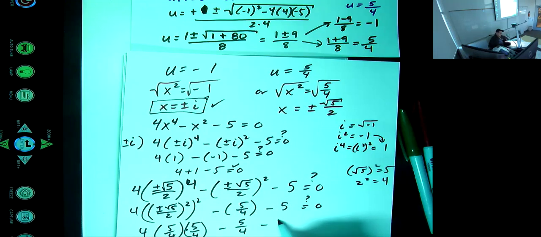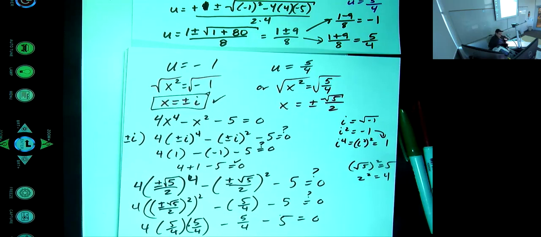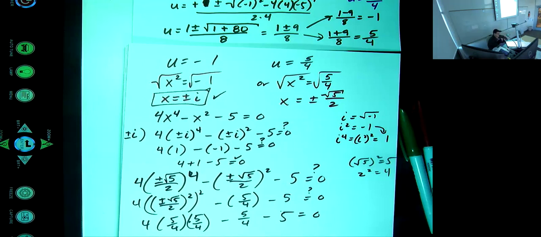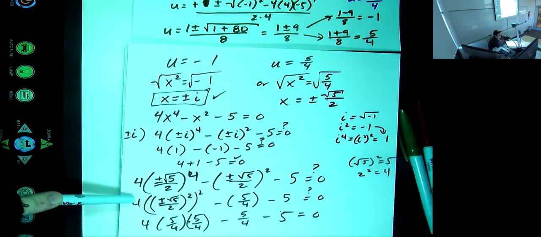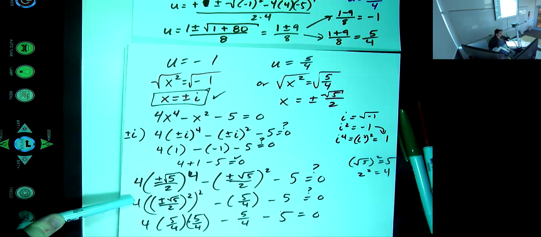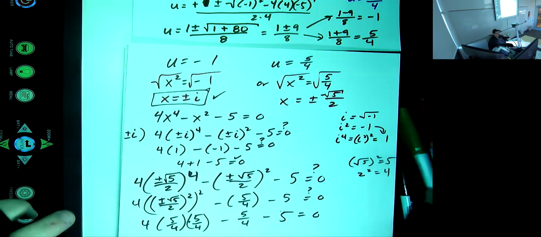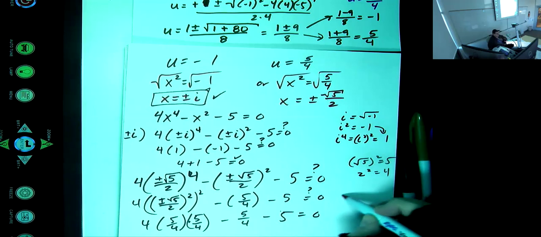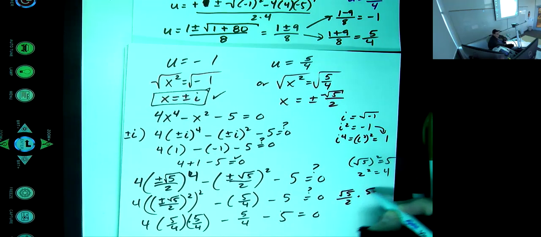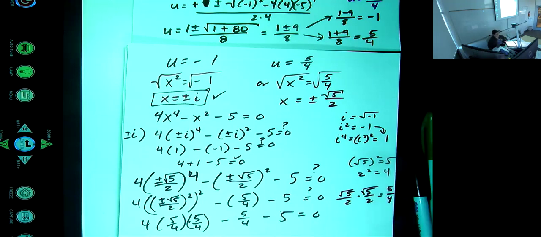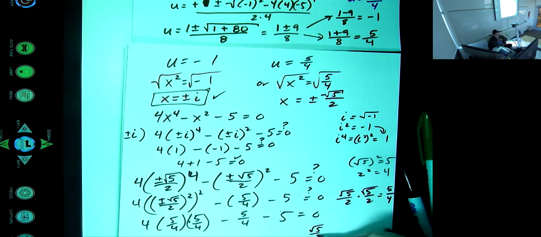And I didn't calculate it yet, because it's going to make it harder, I think. I'm going to pause for a second. Is this clear? So we had the square root of 5 over 2 times the square root of 5 over 2. We get the square root of 5 squared is 5 over 4. If we do that to the 4th power, I want to make sure everybody's on the same page.